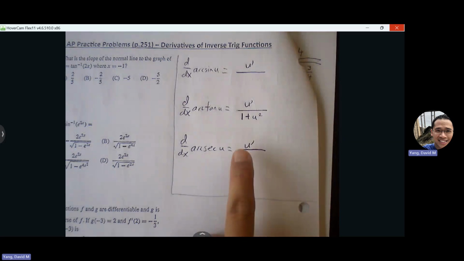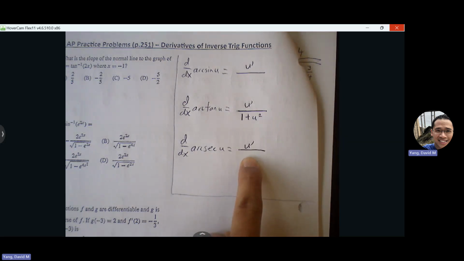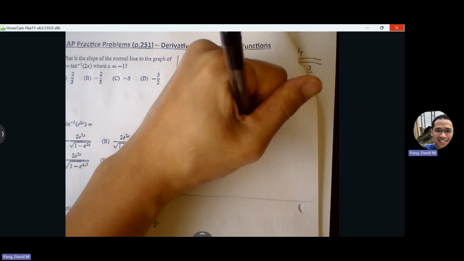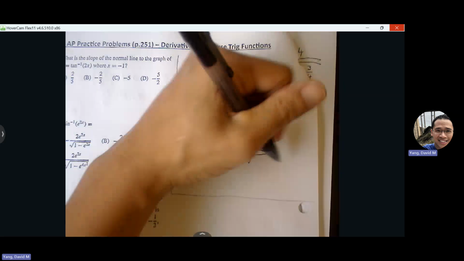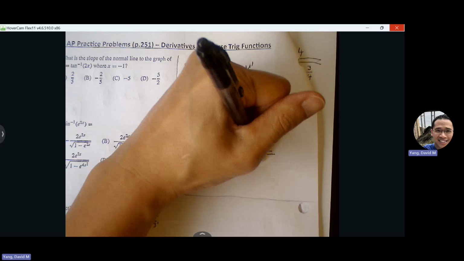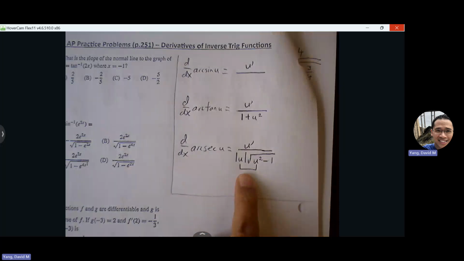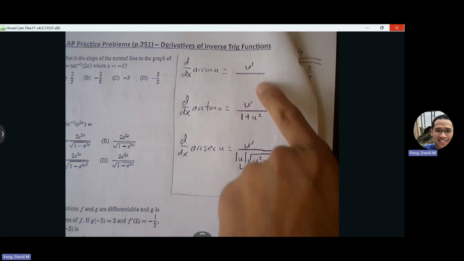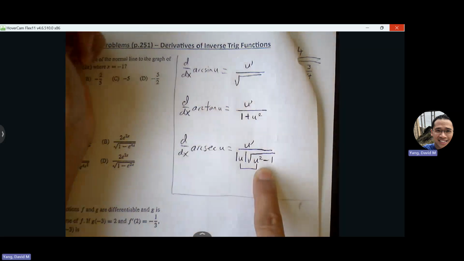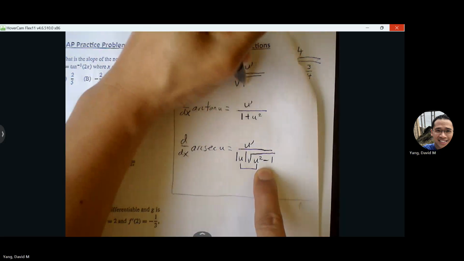Next up, I go to the most complicated one, arc secant. I know arc secant has that absolute value of u sitting in front. I know it has the square root. And I know inside it's going to be some combination of 1 and u squared. What helps me remember is that u squared comes first because the u's are next to each other. So it's going to be u squared minus 1 and not 1 minus u squared. And if I can see this pattern, then I know that my arc sine is going to be slightly different. So instead of u squared minus 1, it's going to be 1 minus u squared.